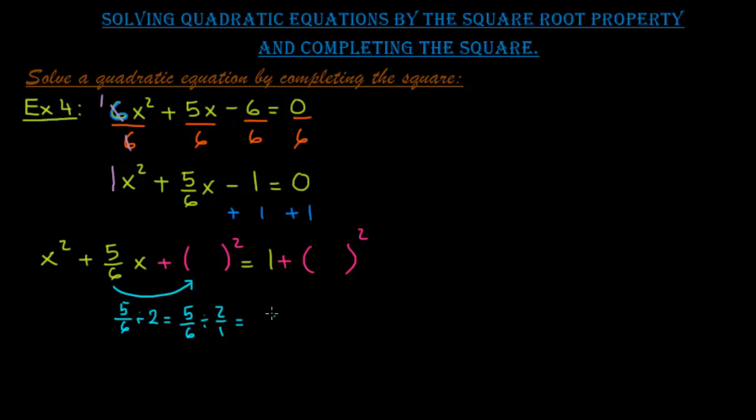Which means we multiply and flip: keep, change, flip. So we flip this to 1/2, then multiply straight across. That gives me 5 over 12. So 5 over 12 is the term I'm going to fill in the blanks, 5 over 12 and 5 over 12.